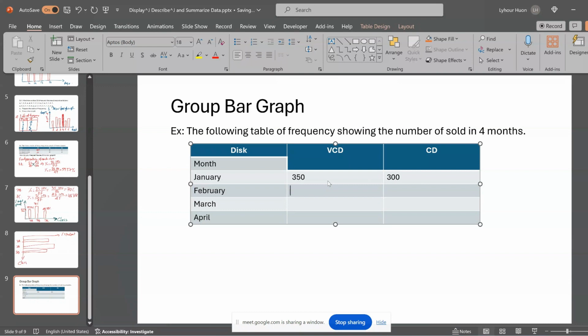This is 310 pieces, 240, 60, 350, 200, and 200.